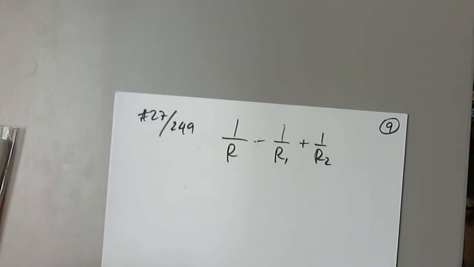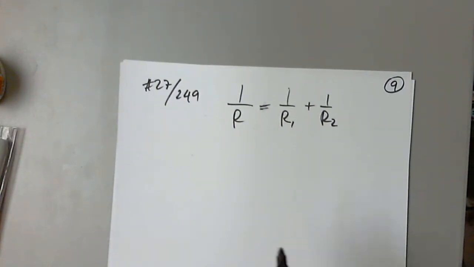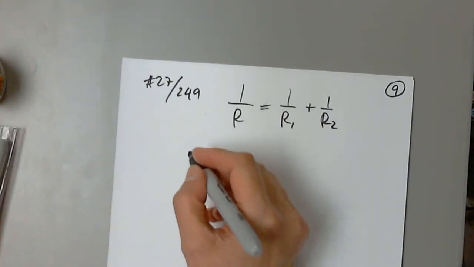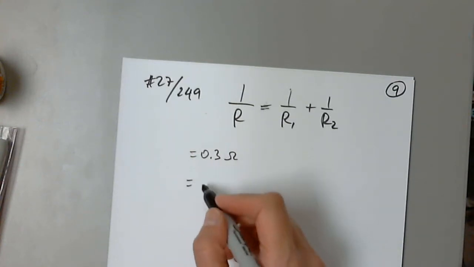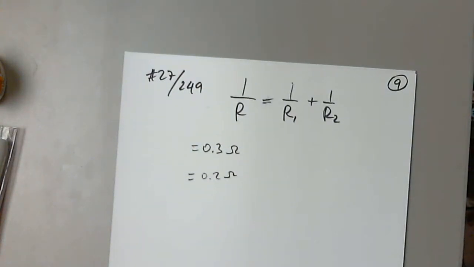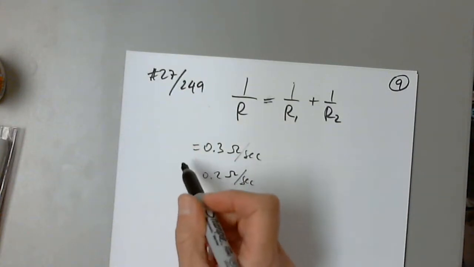We are told that dR1 over dt is 0.3 ohm, and what was that? 0.2. Please identify what those are. Oh, of course, per second, right. What are they?